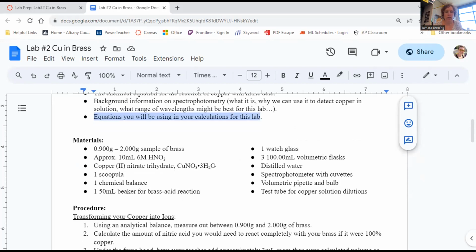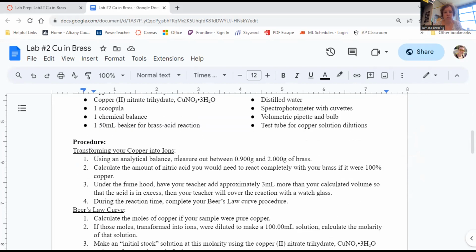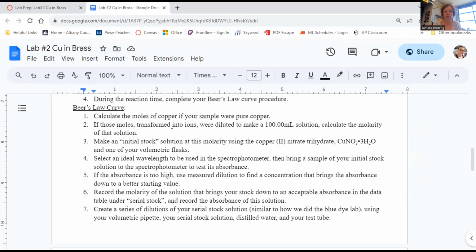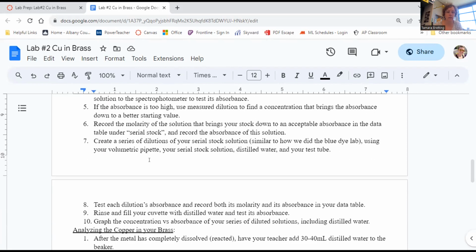So these are the things you're going to need. Again, you're first going to be dissolving your brass sample into nitric acid. While you're waiting, you're going to create a bunch of different dilutions of copper nitrate. You have to create your own stock. You'll just mix copper nitrate with water until you get to an absorbance of about 1, and then slowly dilute that and keep testing its absorbance to create your Beer's law line, where you have absorbance on the y-axis and molarity concentration on the x-axis.